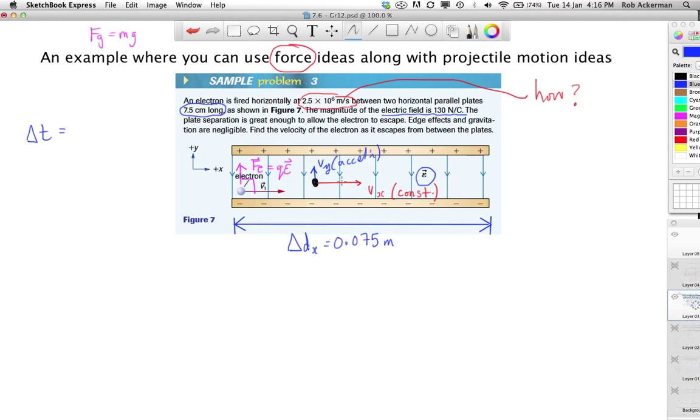If you add these two velocity vectors together, you get a combined, net, or resultant velocity that looks roughly like this. This is what we call the instantaneous velocity.